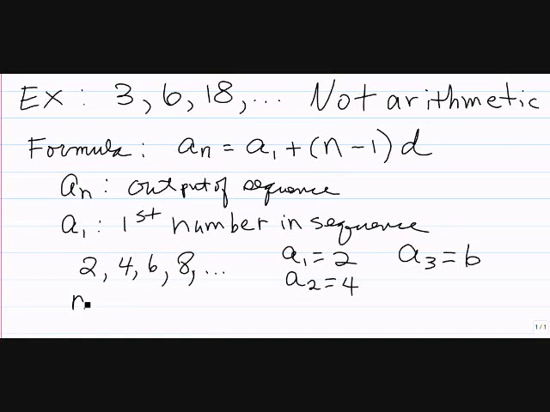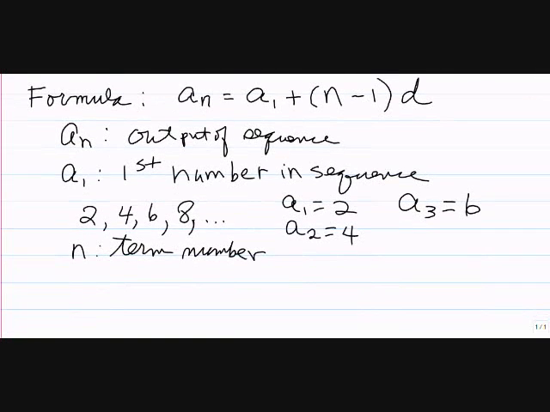And n tells me it's my term number. So when n equals 1, my number in my sequence is 2. So I can make little input-output tables.